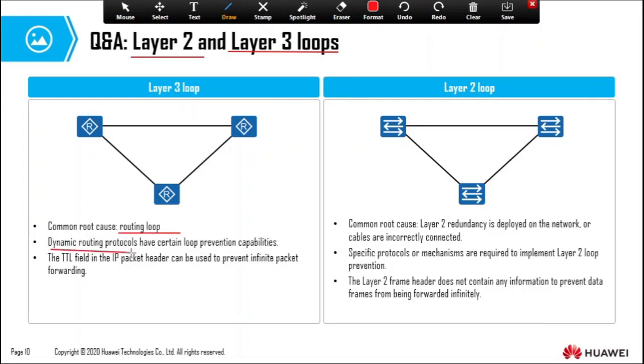Most dynamic routing protocols have a way of preventing these loops, but you can also use the TTL field to do that. Layer 2 loops are caused by redundancy, or by incorrect connection between your devices, like when you don't bundle up the links. So the protocol that is used to deal with that is STP.